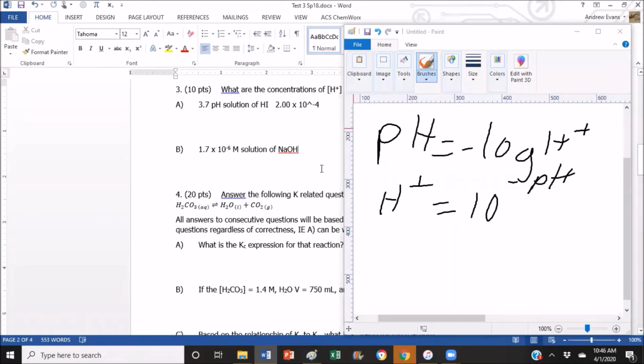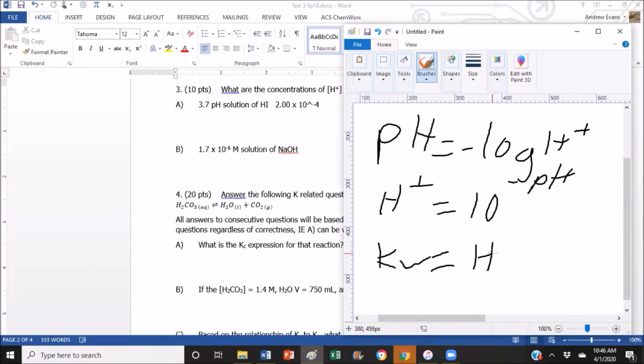Now this one is a base. This is a molarity of base. Remember, Kw equals H plus times OH minus. So I can say Kw divided by OH minus equals H plus. So at 1.7 times 10 to the negative 6, that's 10 to the negative 14 divided by 1.7 e negative 6.